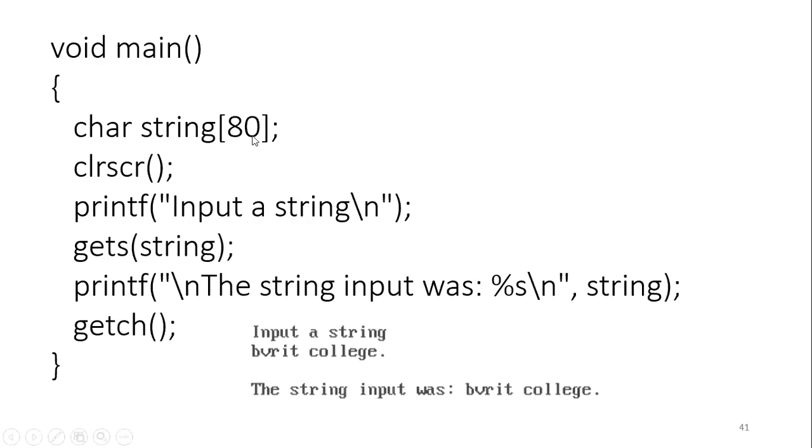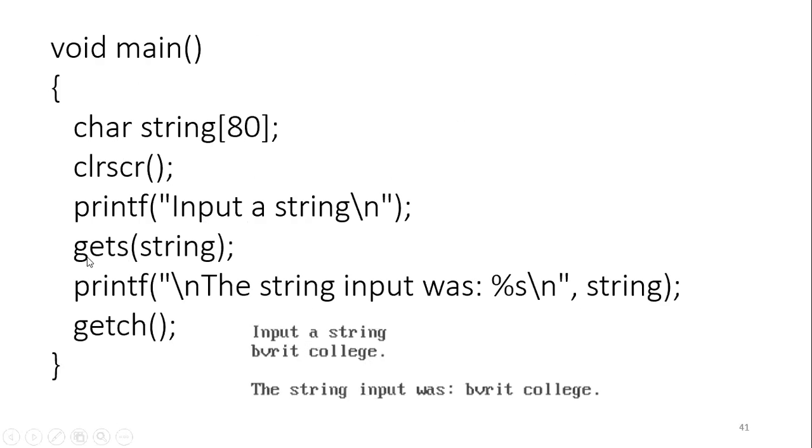So here string is an array of 80 characters. Here I am entering the input string. So gets of string. I am entering the string as bvrit college. See that here it is including the space. So by using the gets function, it will also include space as a character.